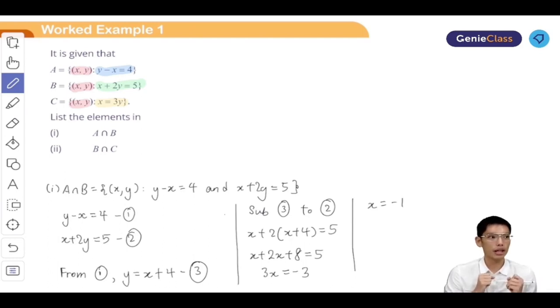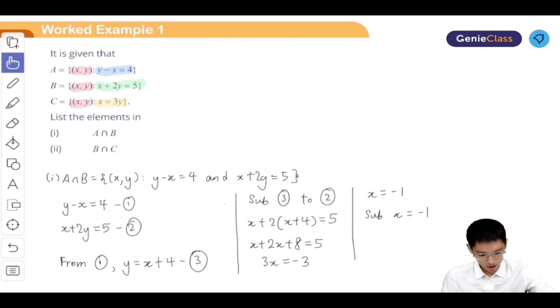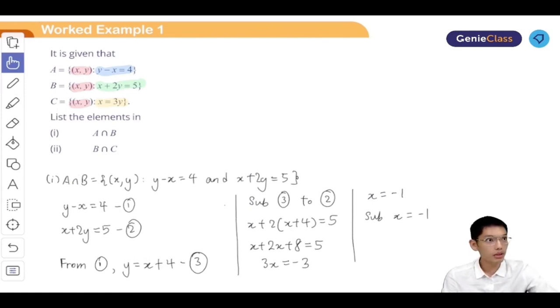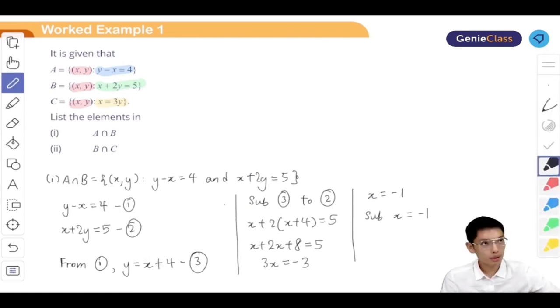Now, you realize how I continue on? I need to bring back the equation because I only have x. y is also another element I need to consider. So what do I need to do? Again, following your simultaneous equation, I need to substitute back to the equation that I have not done yet. So if I were to do it, let me just scroll up a little bit. Sorry for that, for some space. Okay, there we go. So sub x equals to minus 1 into the equation.